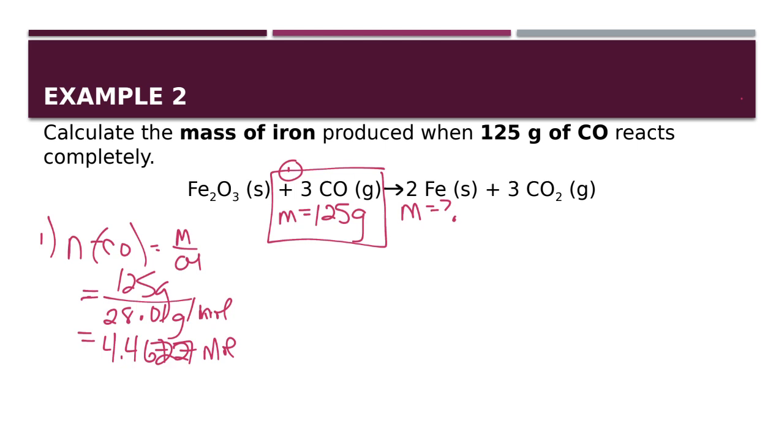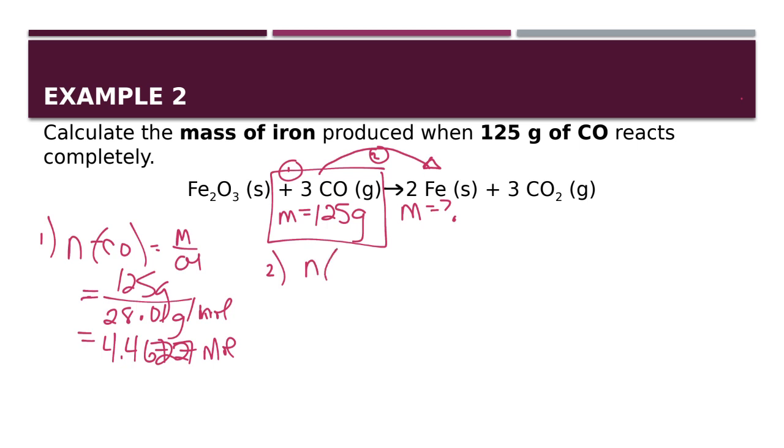We now are going to move to my unknown. So this is when I have to set up a mole ratio, and I'm moving now in the chemical equation to my unknown value. So I want to know how many moles of iron am I going to produce if I'm starting off with 4.4627 moles of carbon monoxide.